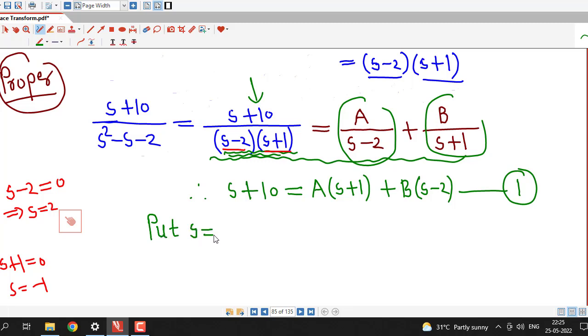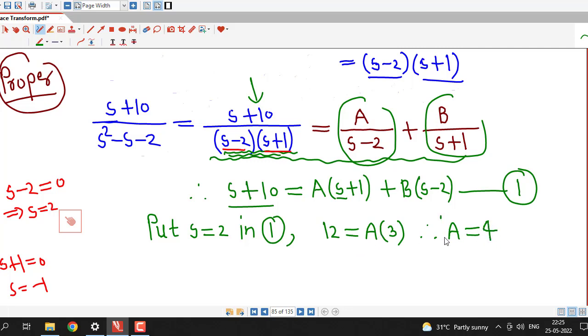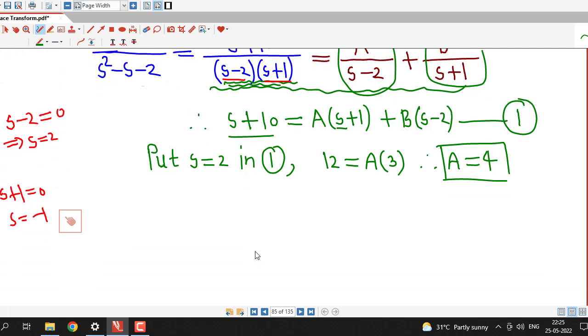Then the left hand side will be 2 plus 10, that is 12, equal to a times 2 plus 1, that is 3, and b times 2 minus 2, that is 0. Therefore a equal to 12 by 3, that is 4. So for s equal to 2 we obtain the value of a.